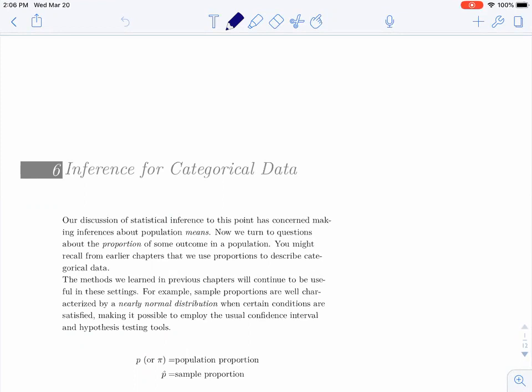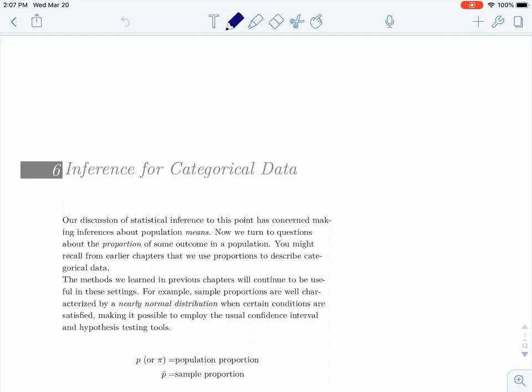So today, we're going to start chapter 6. The, I dare say, kind of exciting part about chapter 6 is it's the beginning of the end for hypothesis testing and confidence intervals. Okay, so we're going to do 6.1 and 6.2 in the old textbook.